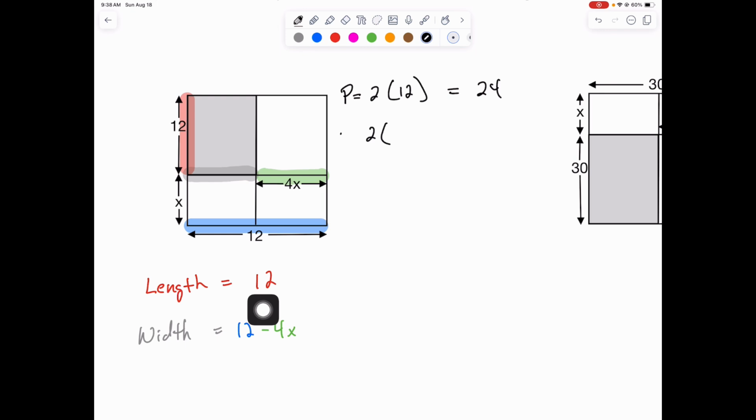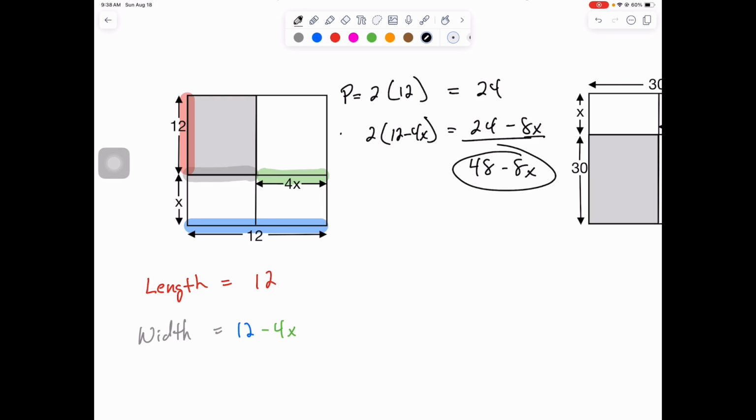So now we have 2 lengths and 2 widths. Let's go ahead and write that down. And that'll equal 2 times 12 is 24. 2 times our negative 4x is minus 8x. Now you can simply combine 24 plus 24 is 48 minus 8x. All right, so that's your perimeter.